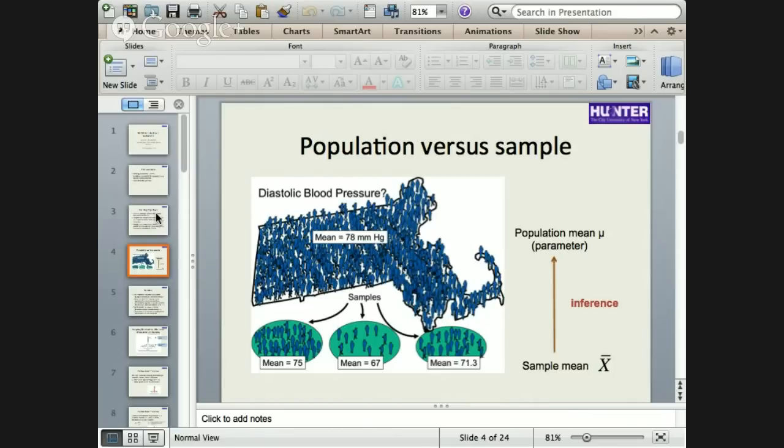And again, the population has to do with individuals, and it's a large group of individuals. We're not going to observe them all. And the sample are groups of individuals. So when we talk about a sampling distribution, we're talking about the distribution of average properties of these groups.